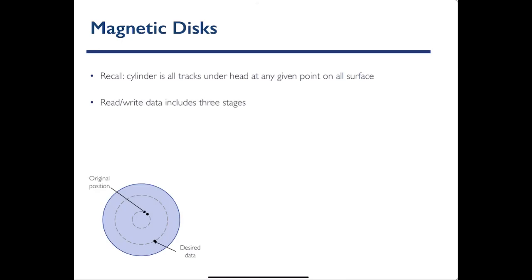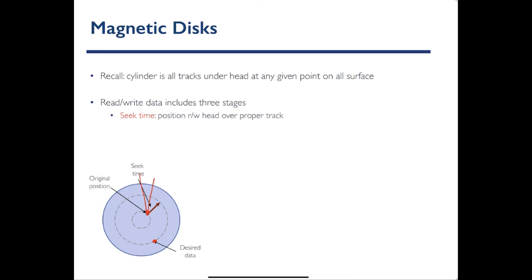Let's see what the overhead of reading from or writing to the disk is. So let's assume that your arm is initially here, so the head is looking at this inner track. If the data that you want to read is in this outer track, then you have to do two movements. The first one is for your arm to seek to the outer track. This is called seek time.